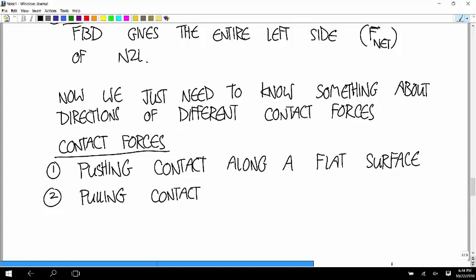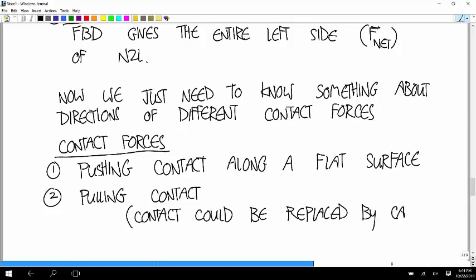And one way to think about this, how do you know if you have pulling contact? This is the case where the contact could be replaced by a cable, a string or something. And then the third and last one is friction.